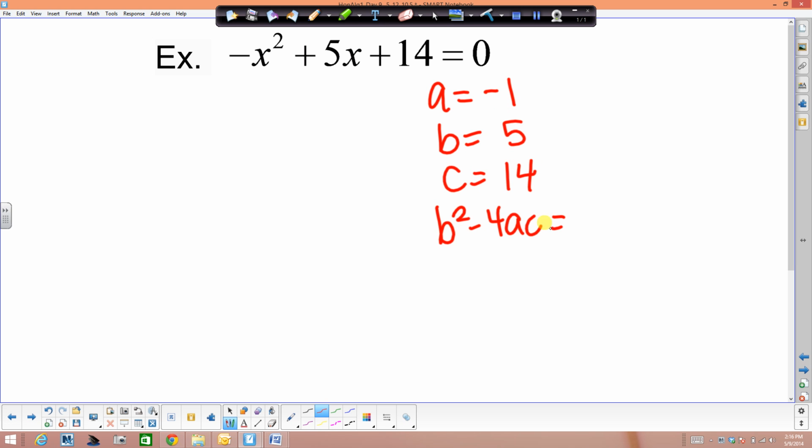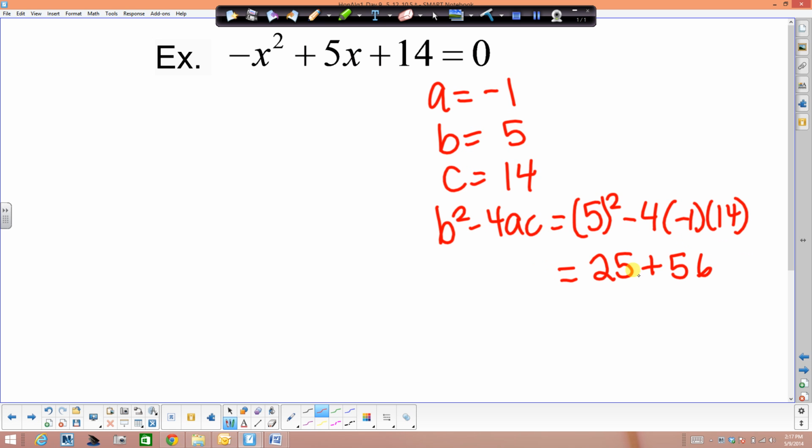So when we do b squared minus 4ac, we're going to have 5 squared, we can put parentheses around it if you want, minus 4 times negative 1 times 14. So if we work this out, we get 25 plus 56, which is 81.